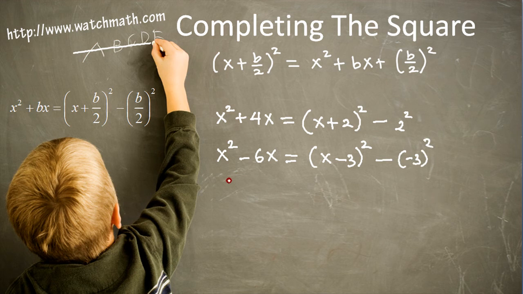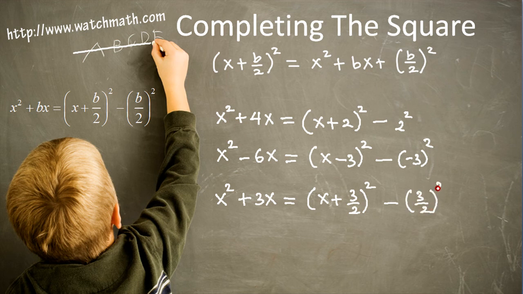Now once more, x squared plus 3x. So (x plus half of positive 3, which is 3 halves) squared minus, again we rewrite that same number, squared.